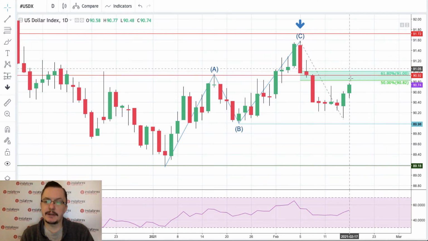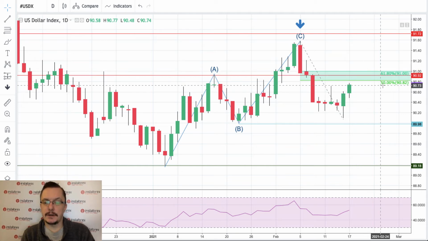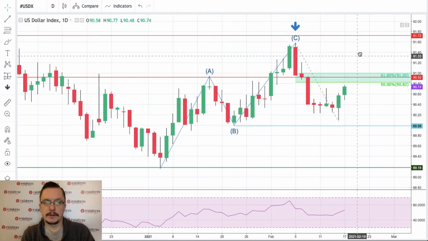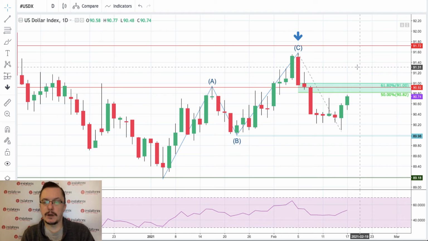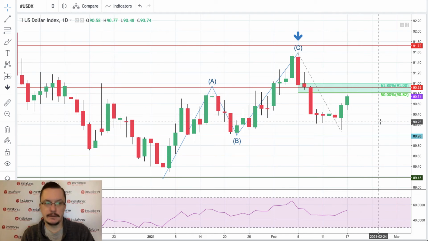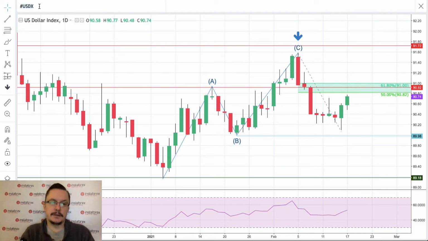So this is a pretty much very nice zone of Fibonacci retracement and technical resistance. So please keep an eye on this zone for any eventual reversal to the downside.